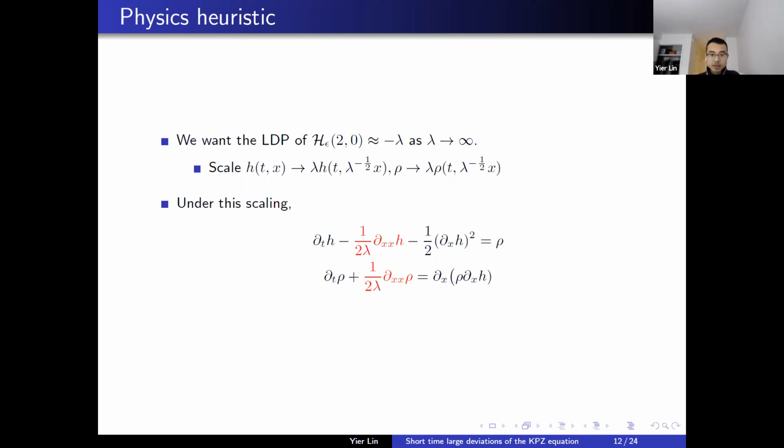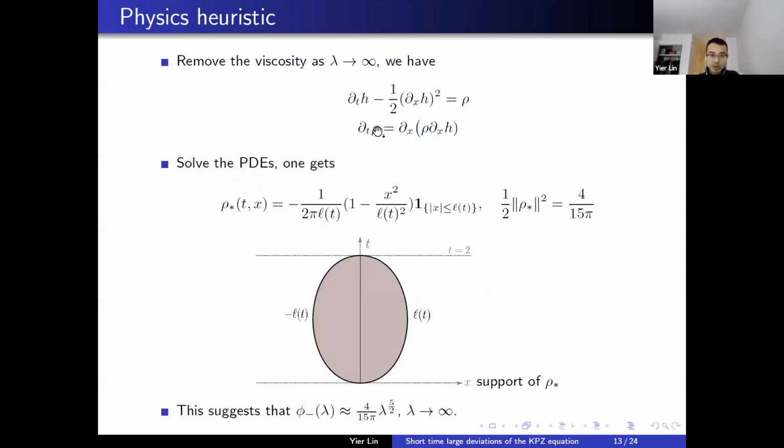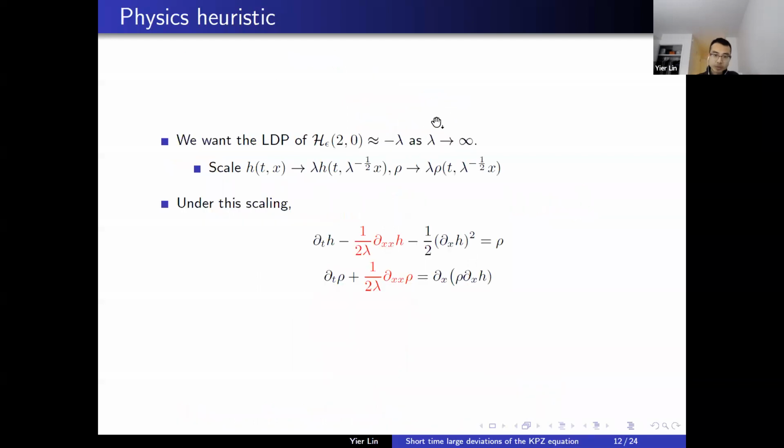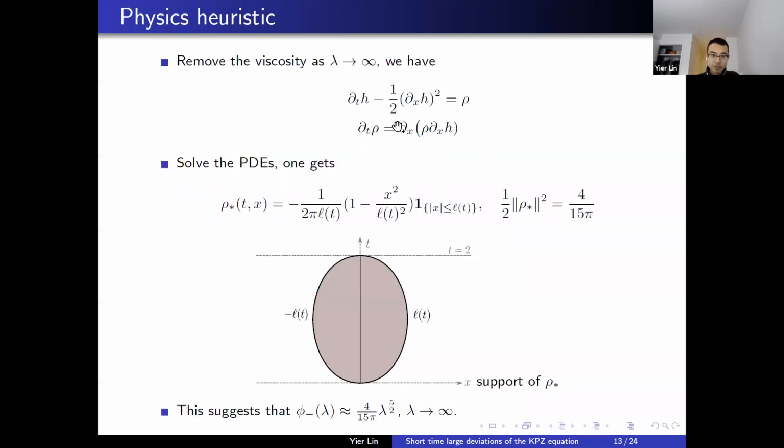So the asymptotic of your rate function corresponds to the solution of this pair of PDE where the second order derivative vanishes.